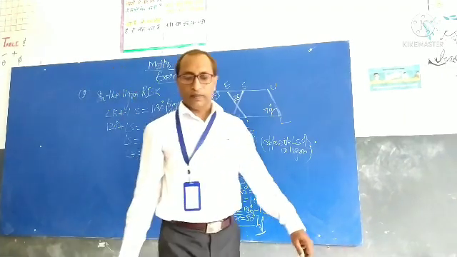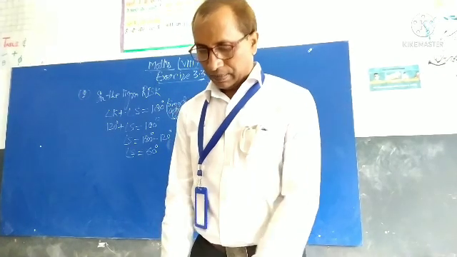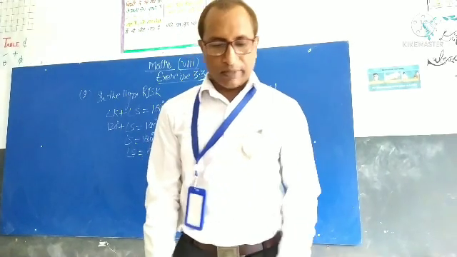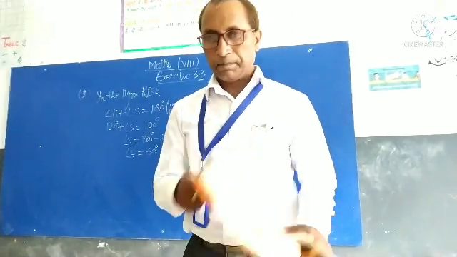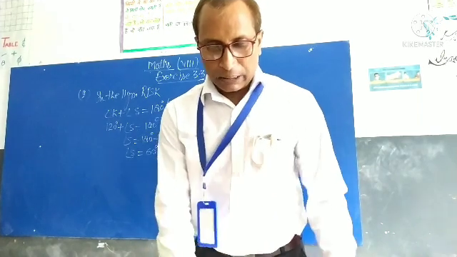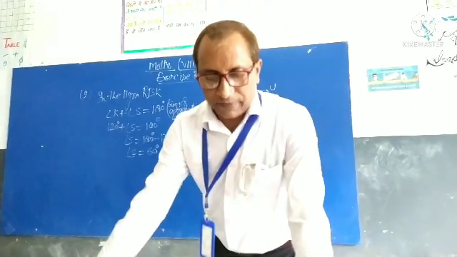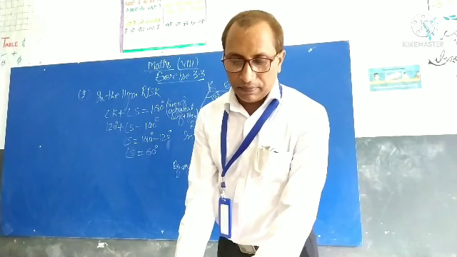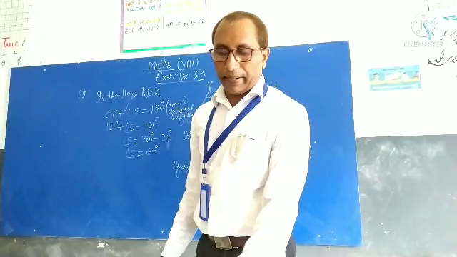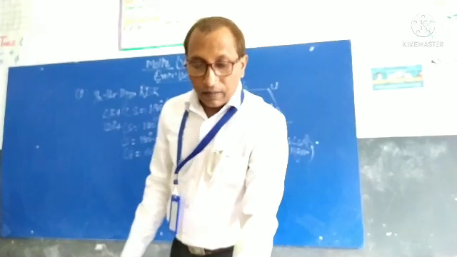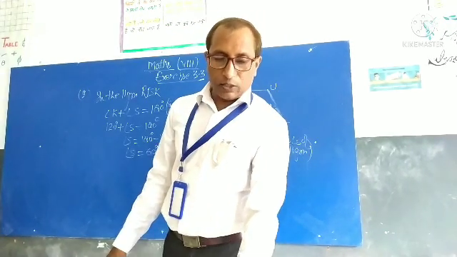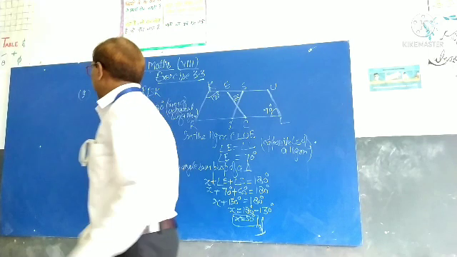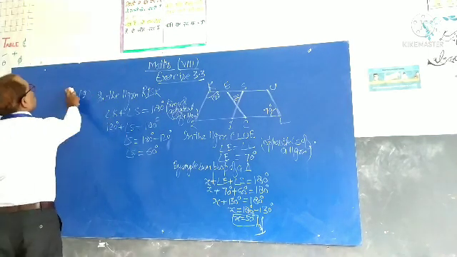Clear? Then next question, question number 10. Explain how this figure is a trapezium, which are its two sides are parallel. Figure 3.32. Question number 10.